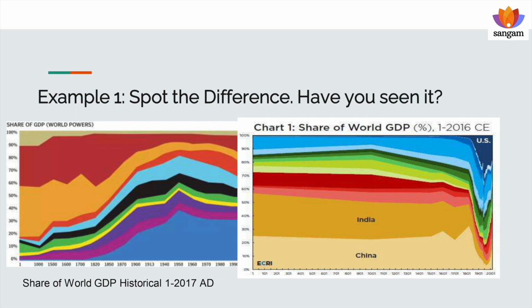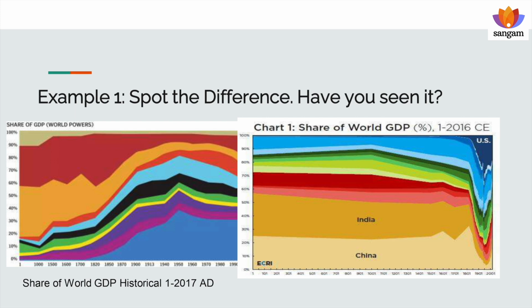When you simply Google share of world GDP economic history, you are most likely to see the graph on the left rather than the one on the right. This is how information has been manipulated for the world and for Indians, where economic history is shown as very US-centric, where the blue part here is for the US, and it simply shows that the US has a bigger share on the left-hand side graph.